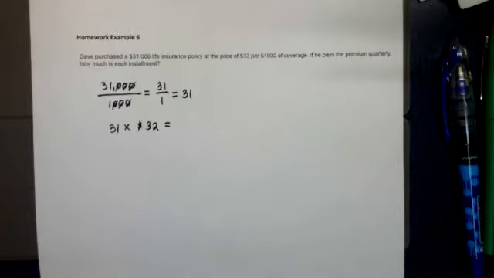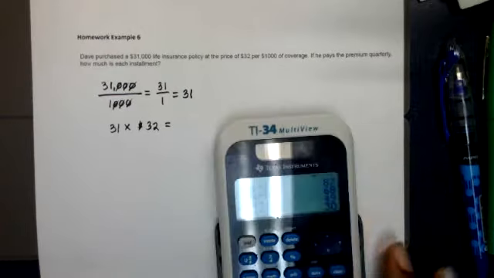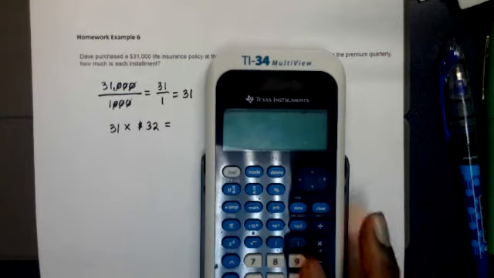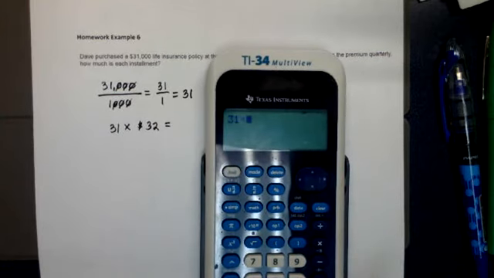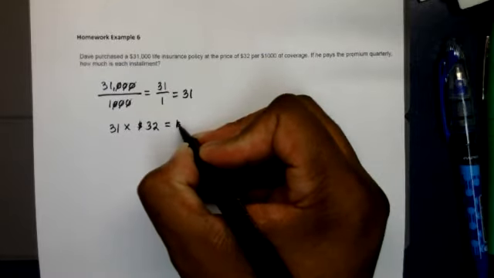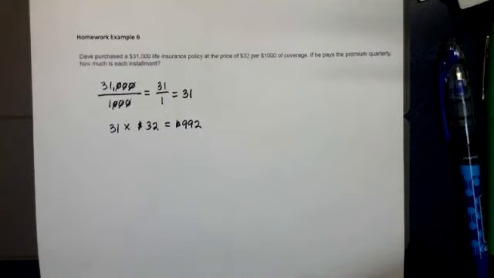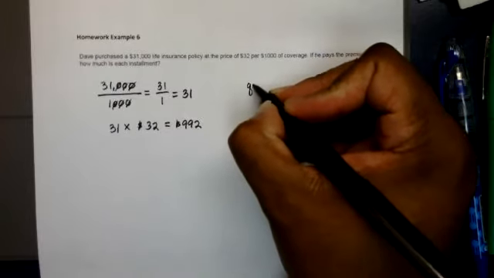31 times 32 would be, forgive me for using the calculator, $992. So that premium is $992, but he pays it quarterly. Now let's think of the word quarterly.